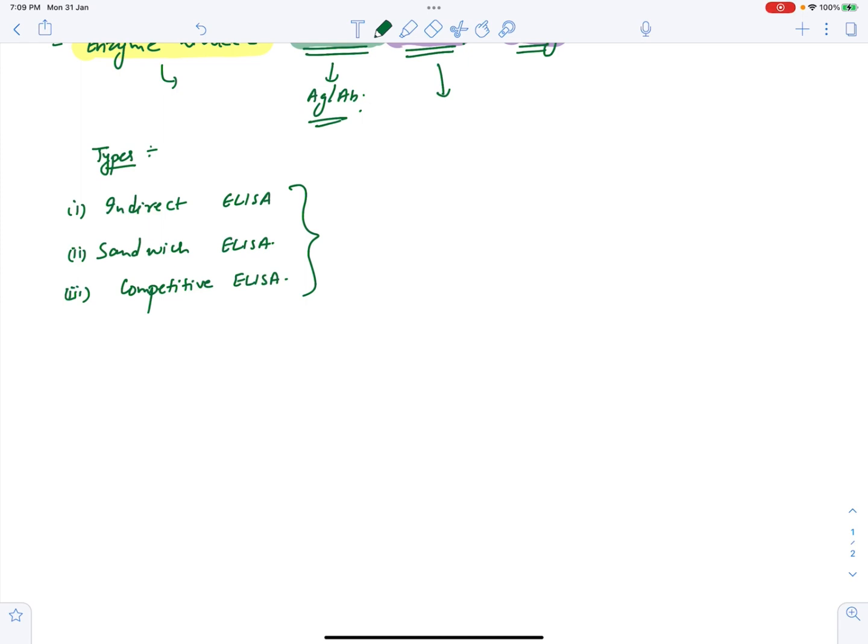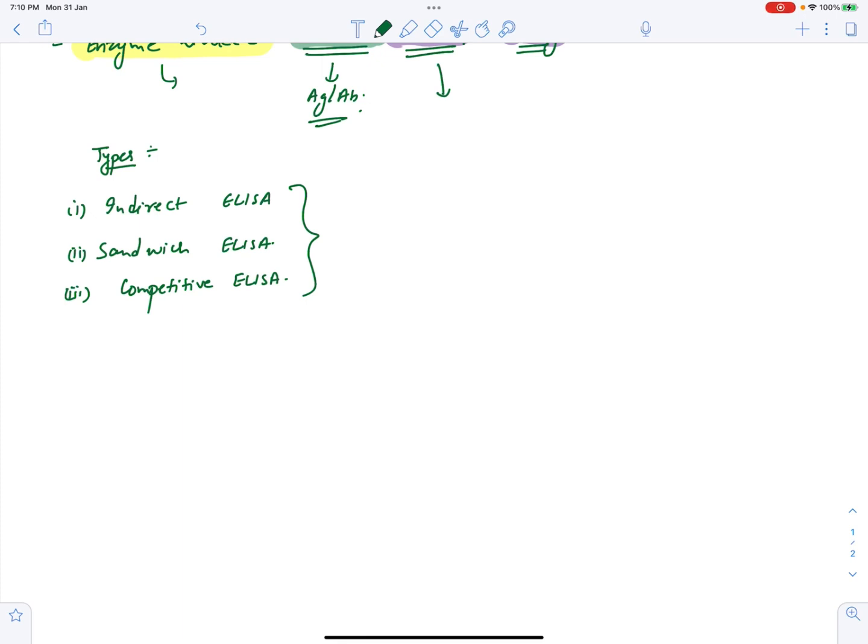Which type of ELISA you have to use would depend upon the marker or the molecule which you are identifying. If you are identifying an antibody, you would use a different technique. If you are identifying an antigen, you would use a different technique.